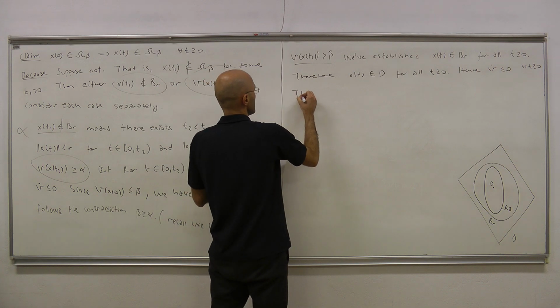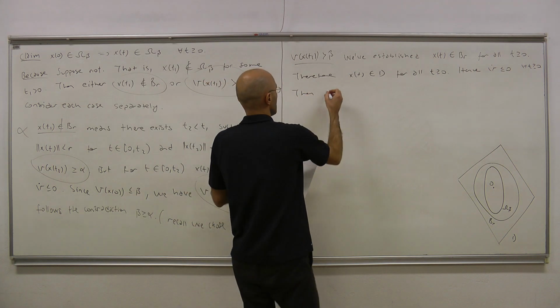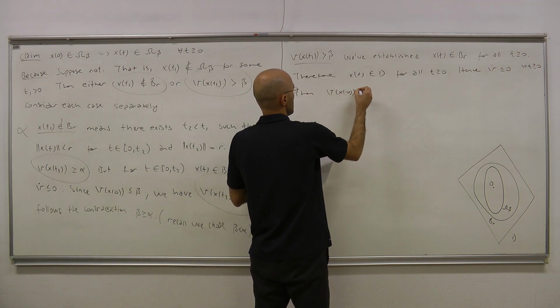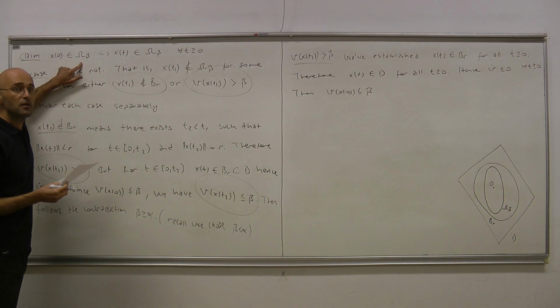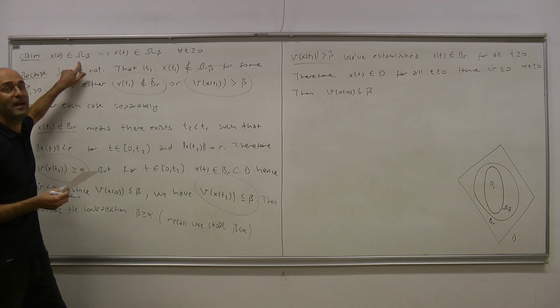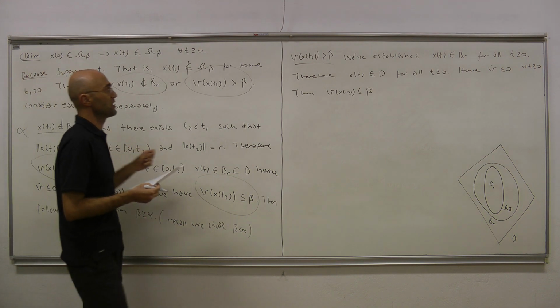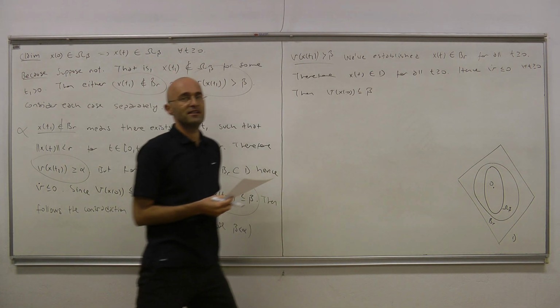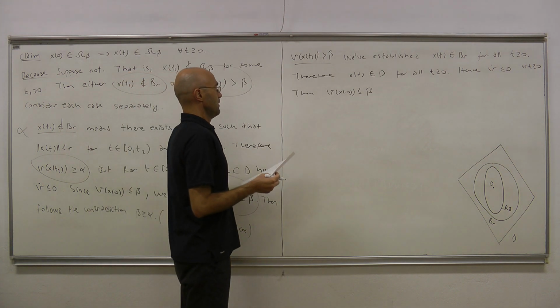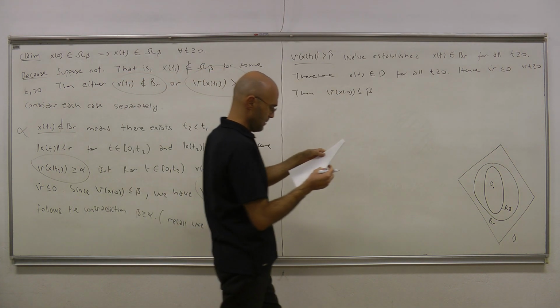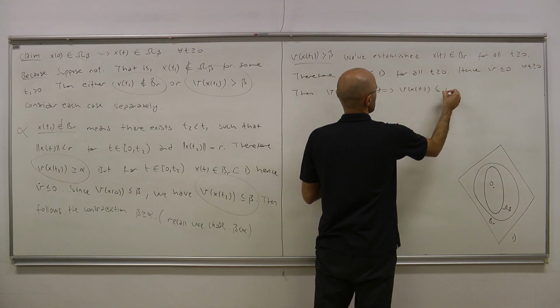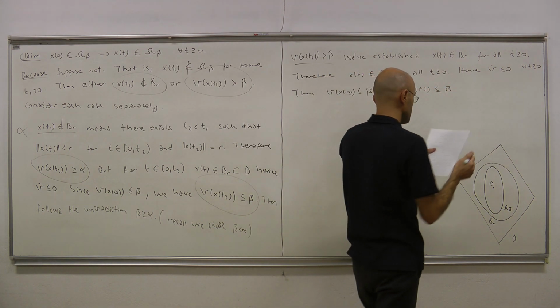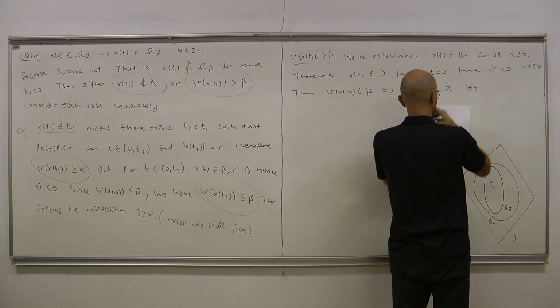Then V of x0 is less than or equal to beta, because x0 starts in omega beta, and by definition omega beta means that V of x is less than or equal to beta. Then this implies V of x of t is less than or equal to beta for all future times.